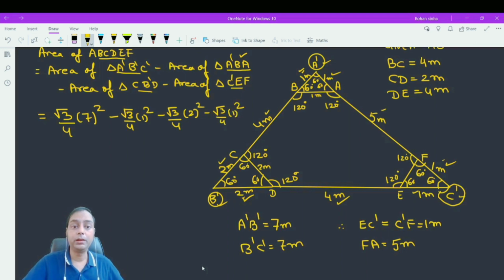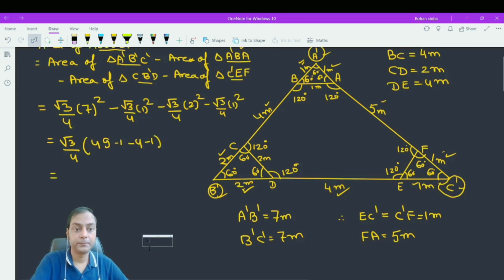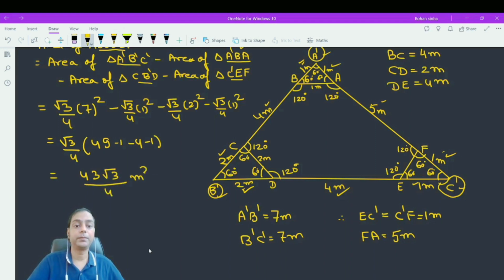Simply putting all the values here, root 3 by 4 is common. 49 minus 1 is 48, 48 minus 4 is 44. After calculation, what we find is this is equal to 43 root 3 by 4 meter square.